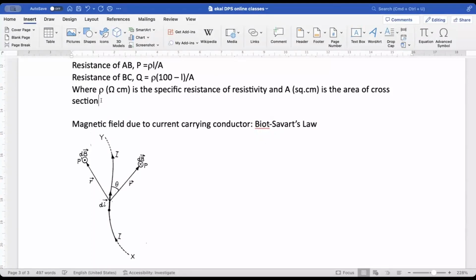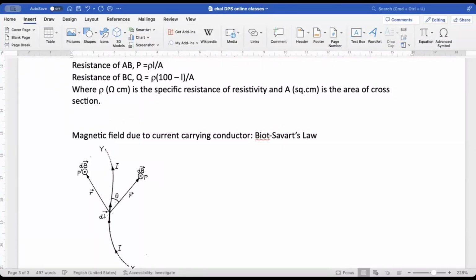So using the Wheatstone bridge, we have P by Q equals L by (100 minus L).